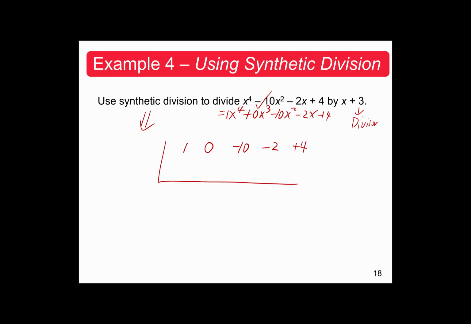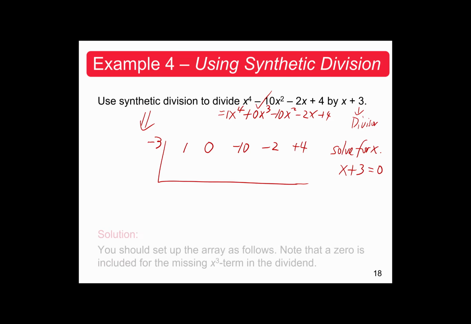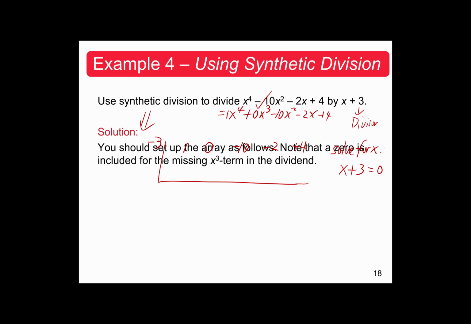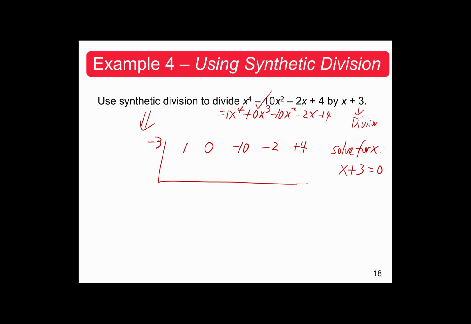Now the k here should be negative 3. Typically, in order to get k, you set x plus 3 equal to 0 and then solve for x. Subtracting 3 from both sides, we get x equal to negative 3. That means k equals negative 3, and negative 3 is what we put up here.